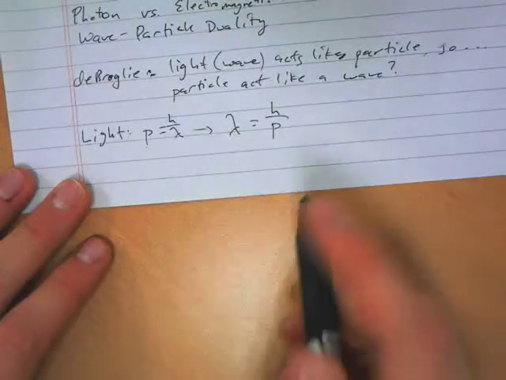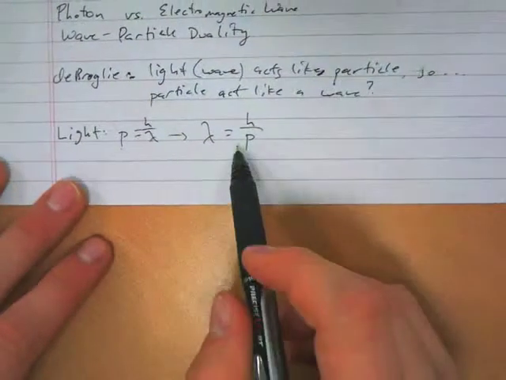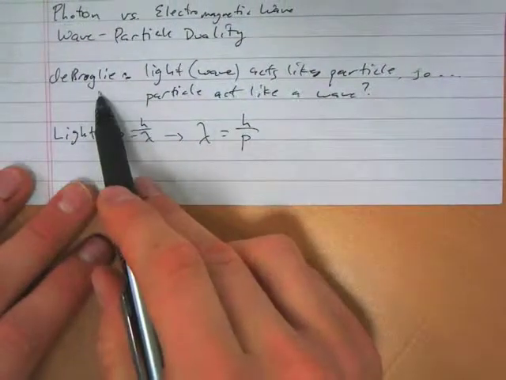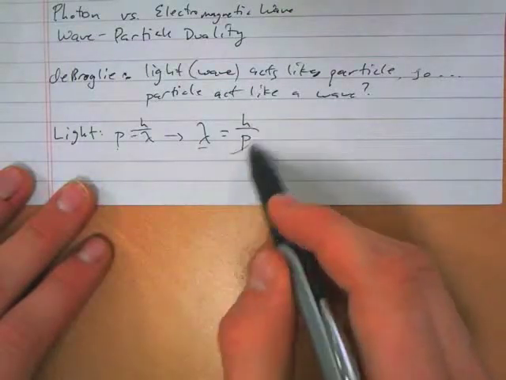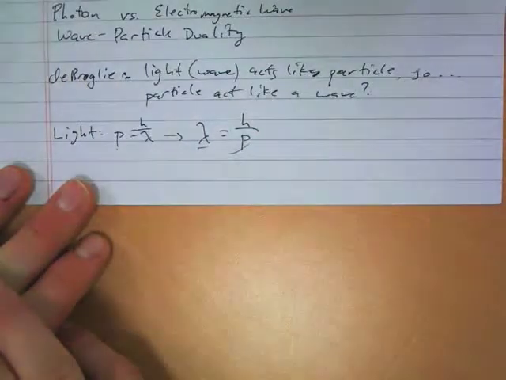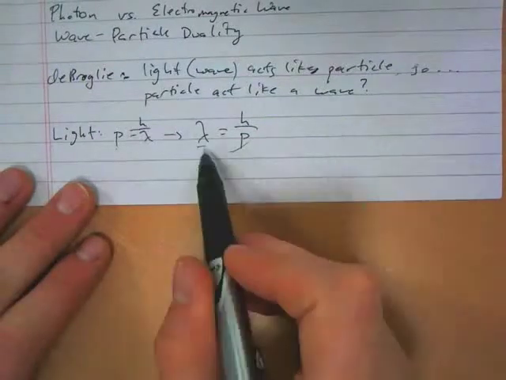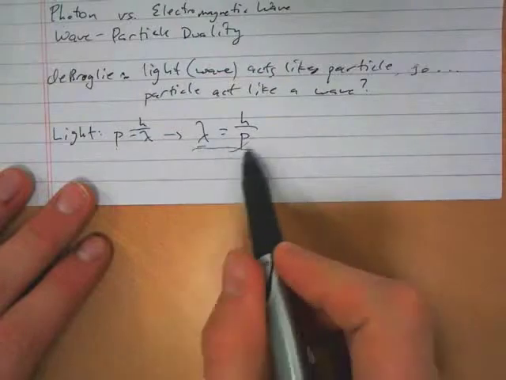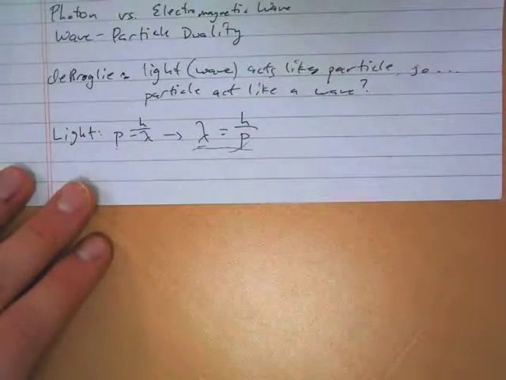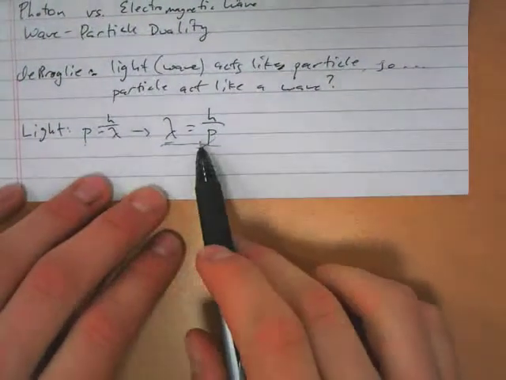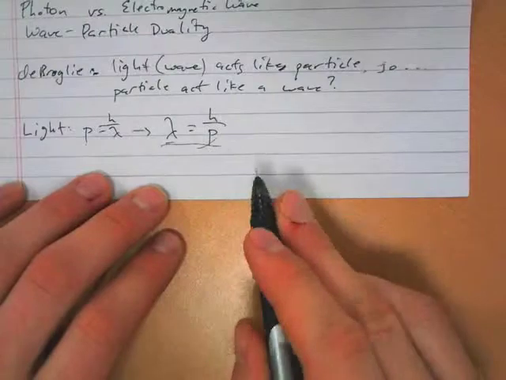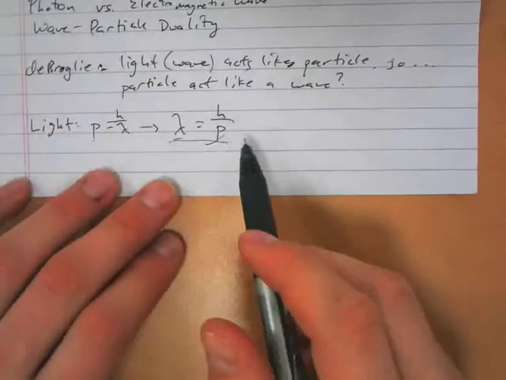De Broglie hypothesized that matter would have a wavelength equal to Planck's constant over its momentum. He said, if light is a particle, why can't we apply this equation to other particles? This seemed, and probably still seems, kind of ludicrous on the surface.